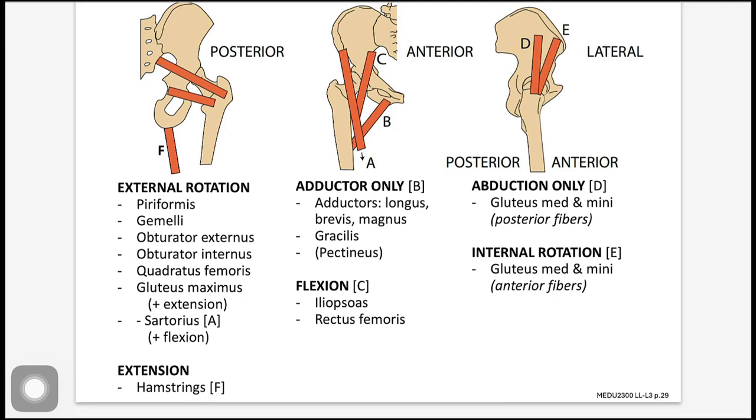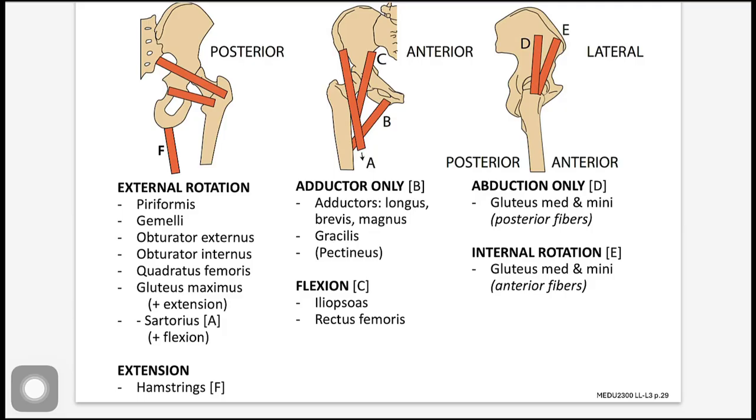And the posterior, if a muscle is crossing the hip joint at the back, you can refer to the action as related to extension. So the lateral means the abduction. When it contracts, it actually pulls the thigh to the side, abduction.